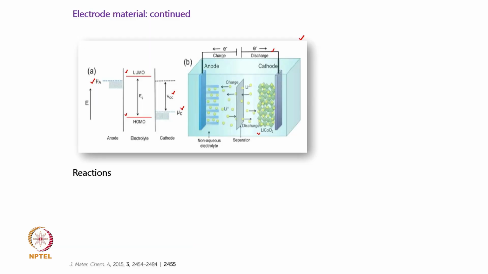One typical example of cathode which we have considered is LiCoO2 or LCO. Once the lithium travels to the cathode, it gets intercalated in the cathode material.